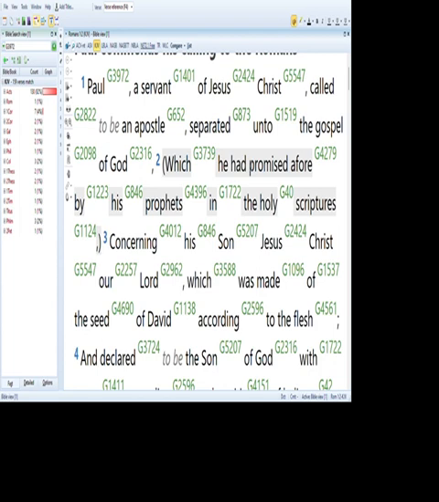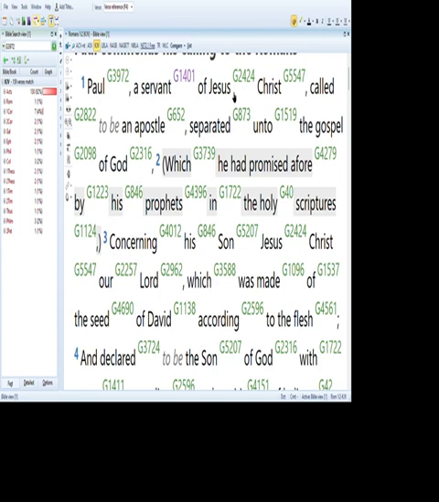So we were talking about noting the number of translation options, and what I mean by that is when you highlight that, the Strong's number will tell you how, in this case, they've blended the King James with the NASB usage, but I guess it's illegal for them to do that.